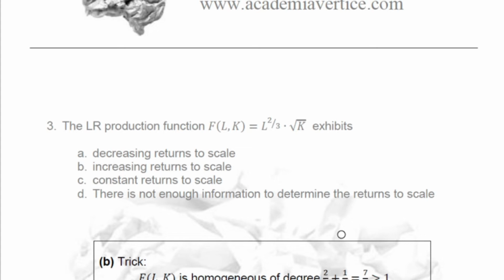The limit is at 1. When the degree of homogeneity is over 1, we say that we have increasing returns to scale. When it is below 1, we say that we have decreasing returns to scale. So in our case it is clearly B.